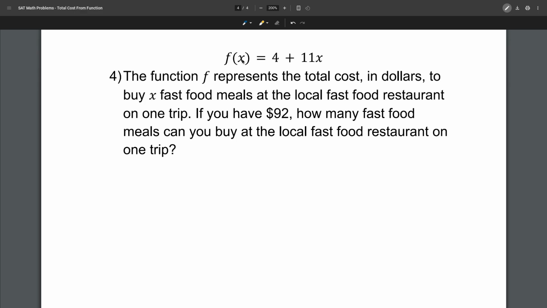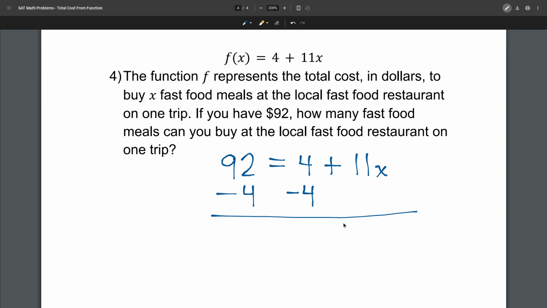Okay, so we're going to say f of x is 92. So we're going to say 92 equals 4 plus 11x. We're going to subtract 4 from both sides. 4 minus 4 is 0.